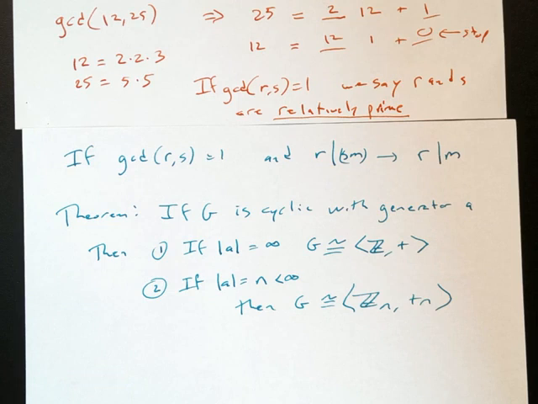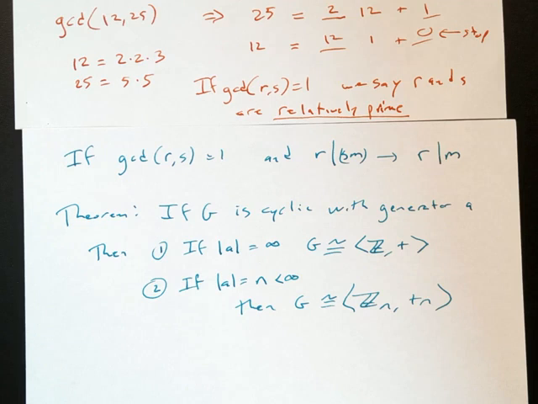How do I prove that first statement? That if A is infinite, then the order of A is infinite, then G must be isomorphic to the integers.